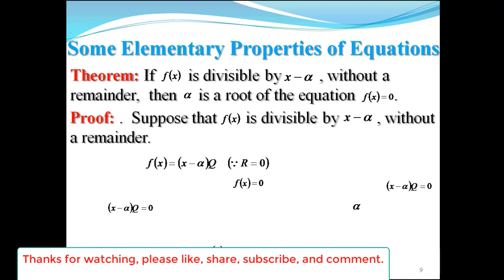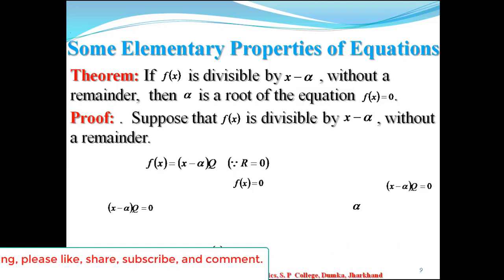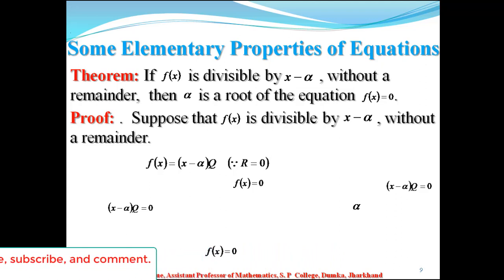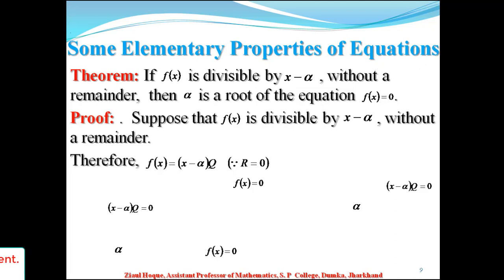Suppose that f(x) is divisible by x minus alpha without a remainder. Therefore, f(x) is equal to (x minus alpha) into Q, as R, the remainder, is equal to 0.